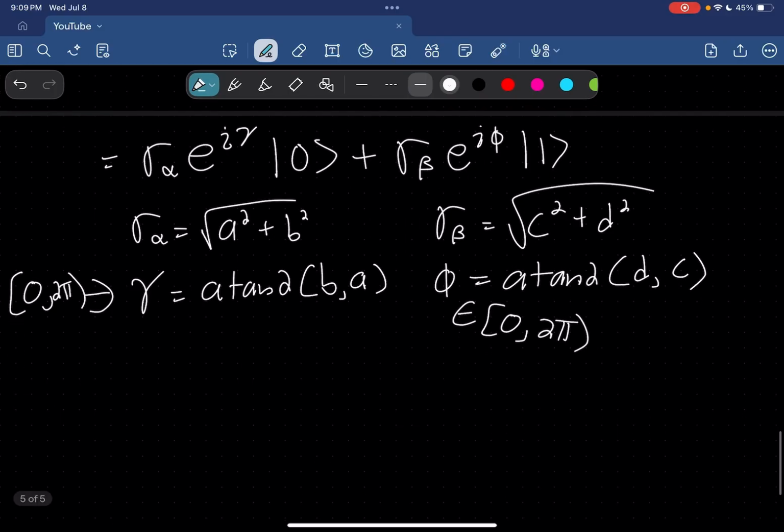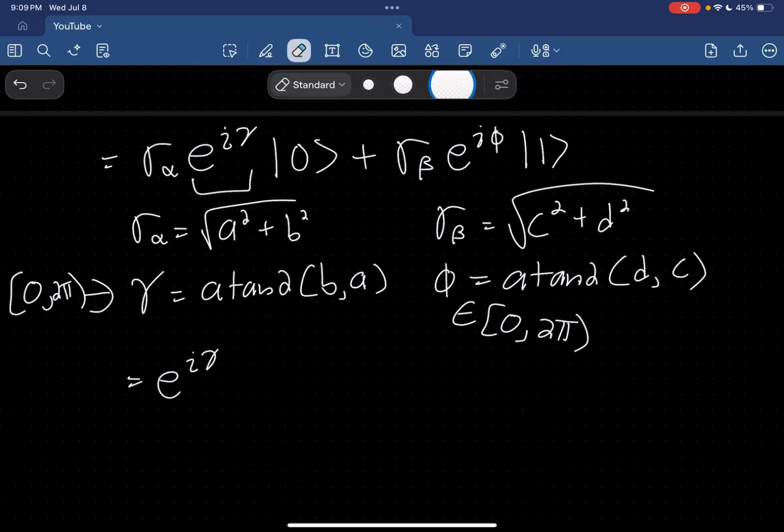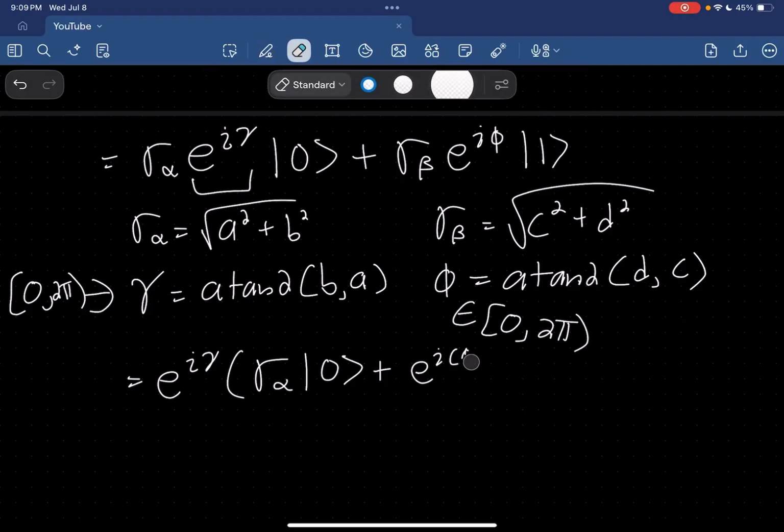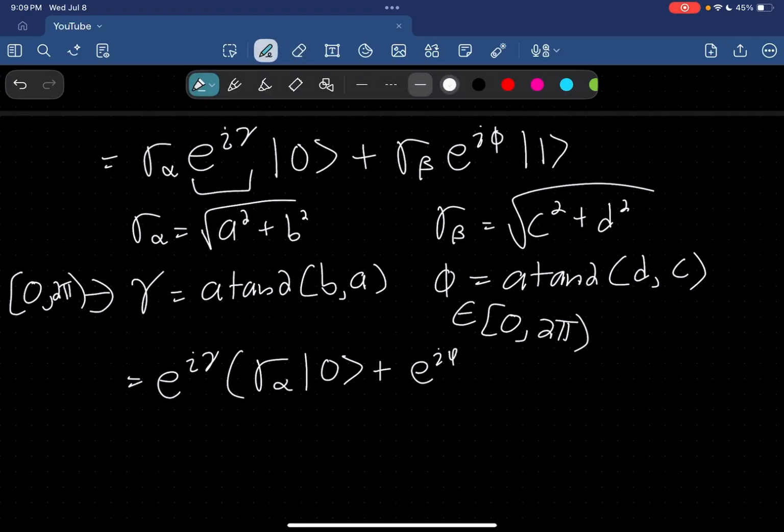So now we'll go ahead and rewrite our equation again. And we'll factor out this e to the i gamma. And then this is phi minus gamma. Since we're factoring out a gamma, I'm just going to call this new little phi.